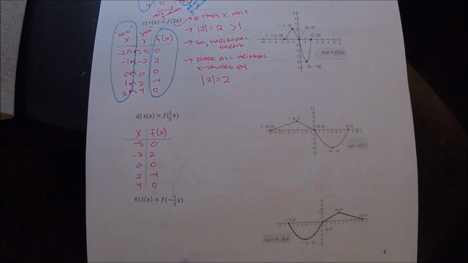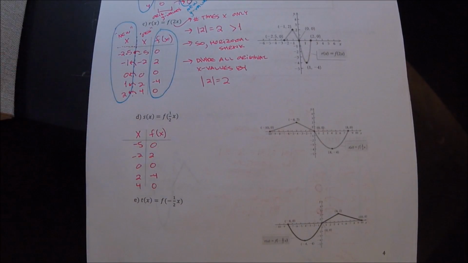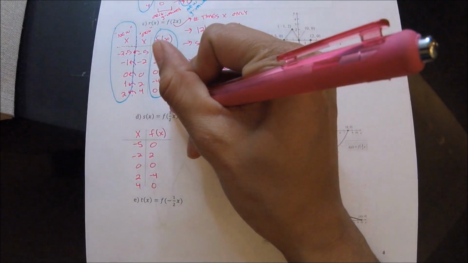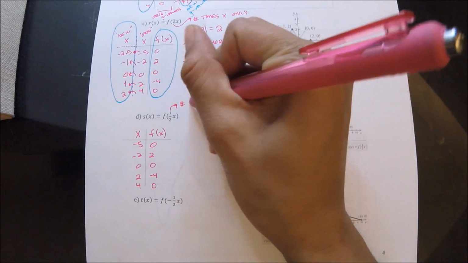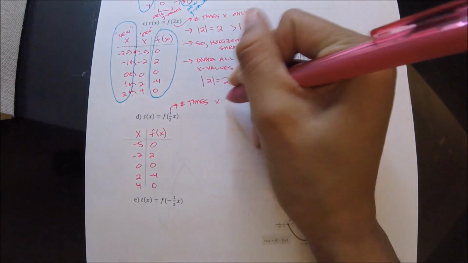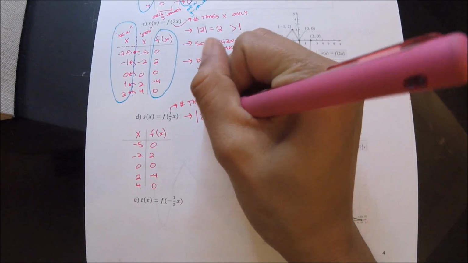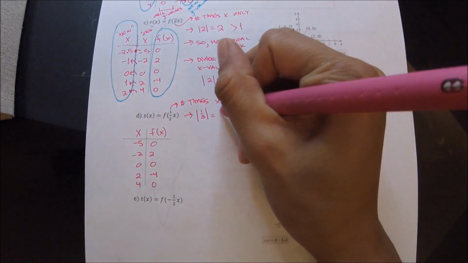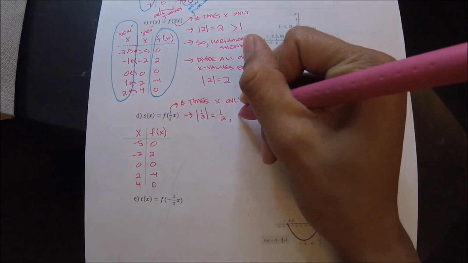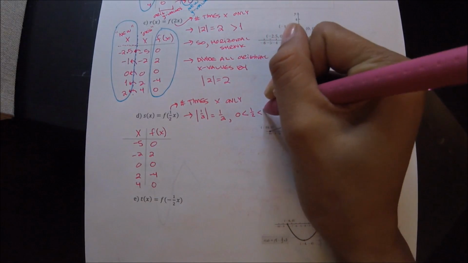And then part D, similar to C, because once again, we have a number times the x only, and then we want to look at the absolute value of that number. The absolute value is 1/2, and 1/2 is between 0 and 1.